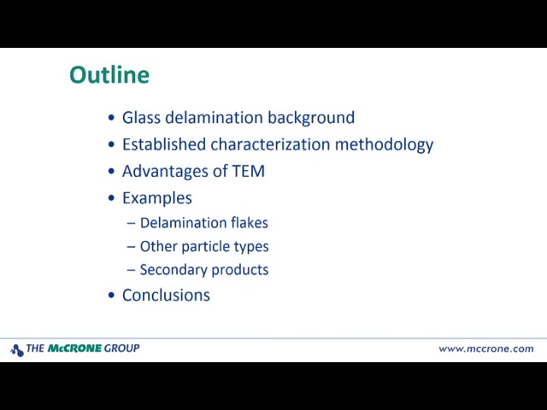I'll give some examples, including delamination flakes, other particle types that might be encountered, such as glass vial coatings, residues, and other types of particles, and also secondary products that can be formed by reaction of a drug product with a glass container. And then we'll wrap up with some conclusions.